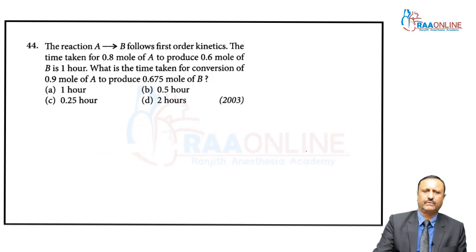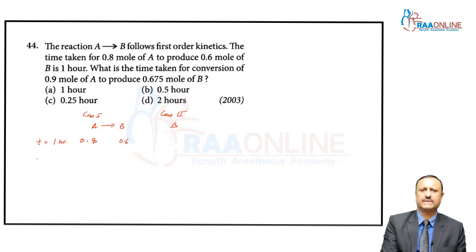In question number 44, my dear students, A to give B follows first order kinetics. The time taken for 0.8 mole of A to give product B, where B is present at 0.6 mole, is T equal to 1 hour.